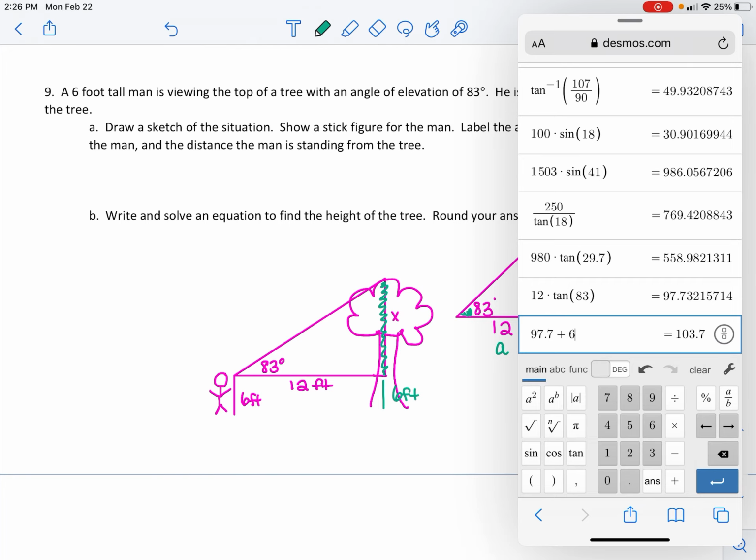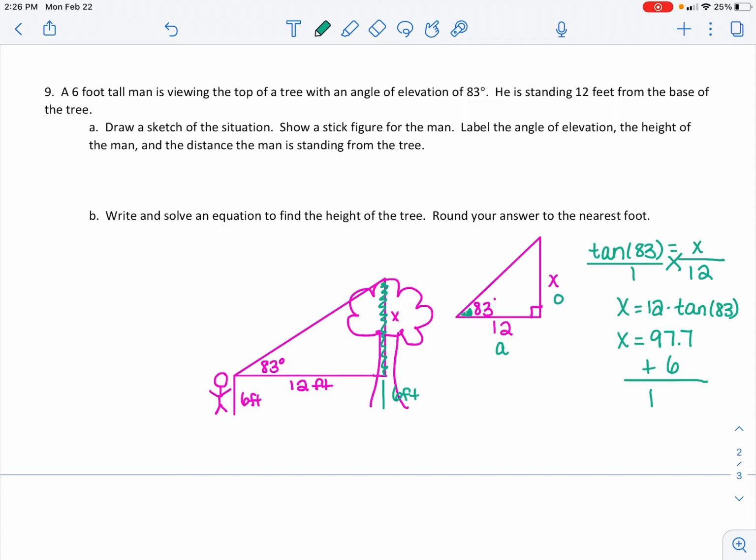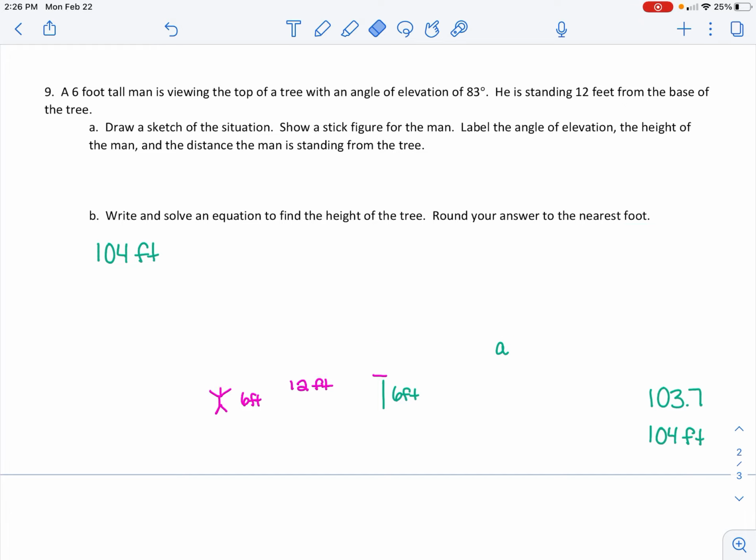That's going to give us 103.7. Okay, now it says to round our answer to the nearest foot. So if we have that 0.7, that is greater than 5, so we're going to go ahead and round this up to 104 feet. That's how tall our tree is. Okay, and that was numbers 4 through 9.